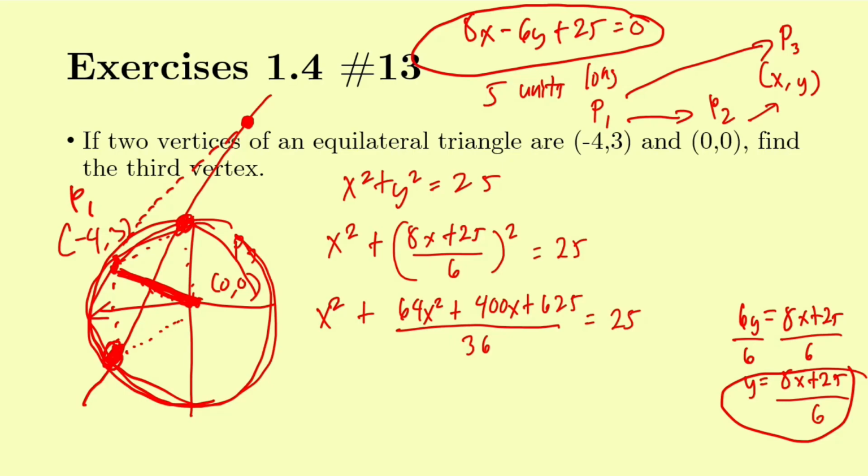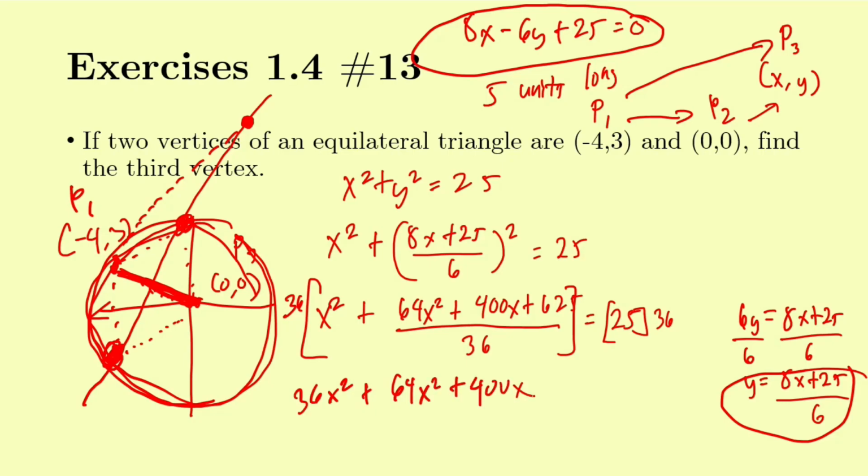To get rid of this denominator, we are going to multiply 36 to both sides of the equation, which results in 36x squared plus 64x squared plus 400x plus 625 is equal to 900.